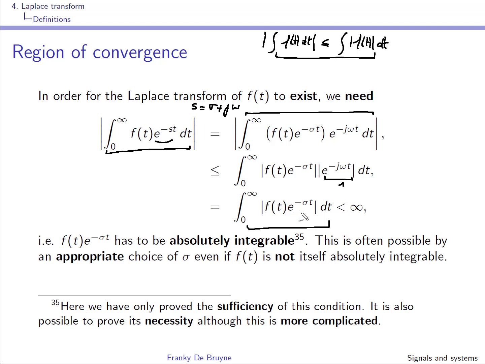So if this function here is absolutely integrable, the Laplace transform will exist. By appropriately choosing sigma, it's often, not always, possible to make sure that this integral will converge.